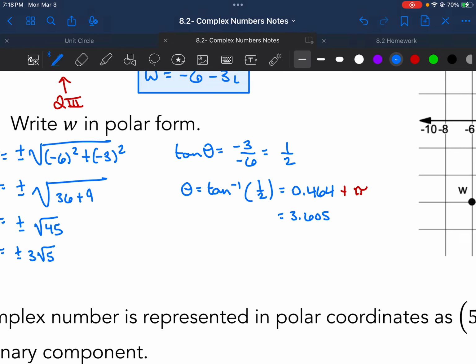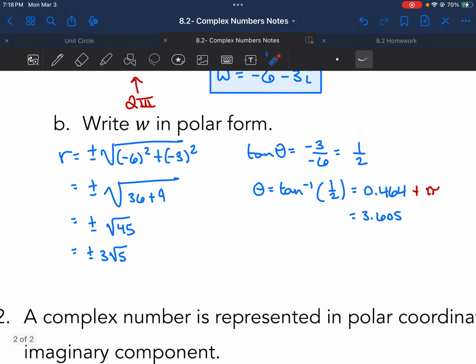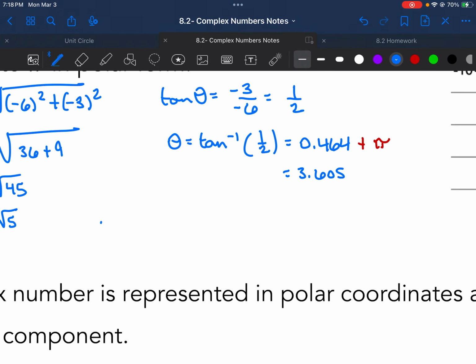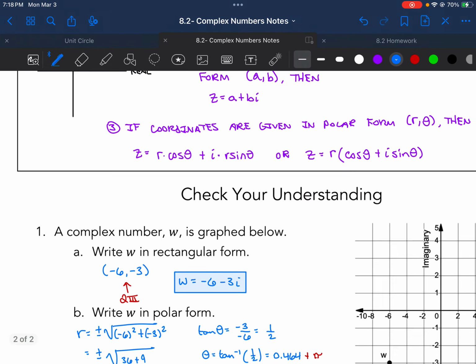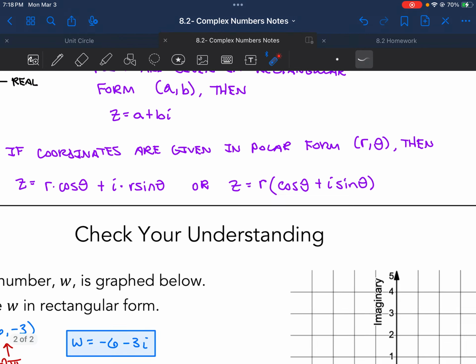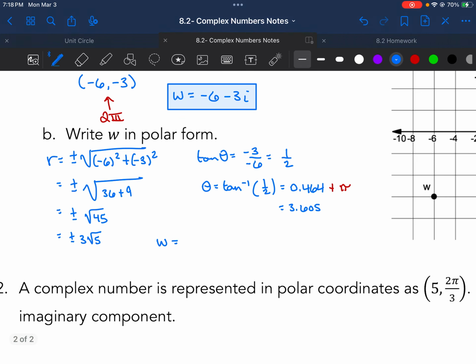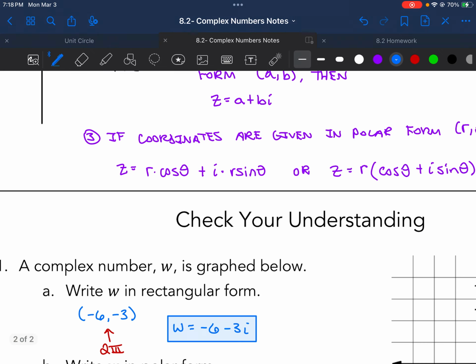Okay, so our r value, remember we're taking the positive r value, you can either say 3 root 5 or you can say root 45. So our complex number in polar form is going to be r on the outside, in our case that's 3 root 5, times cosine of the angle.